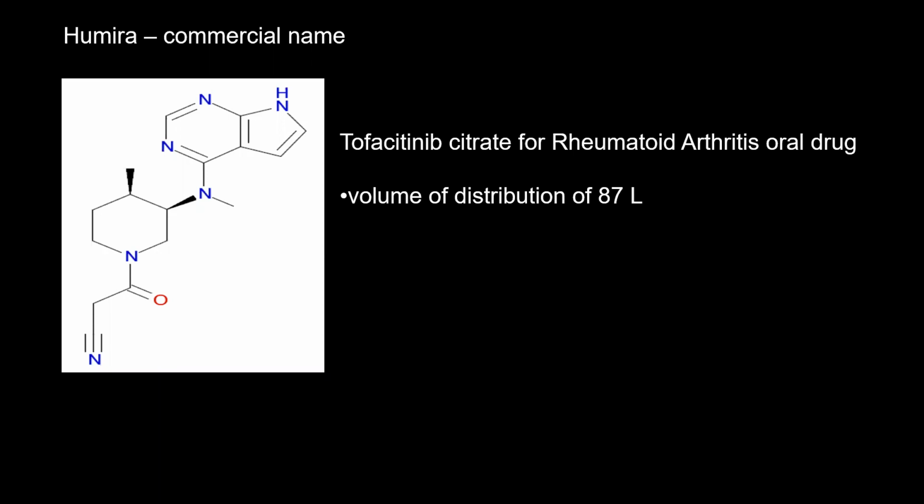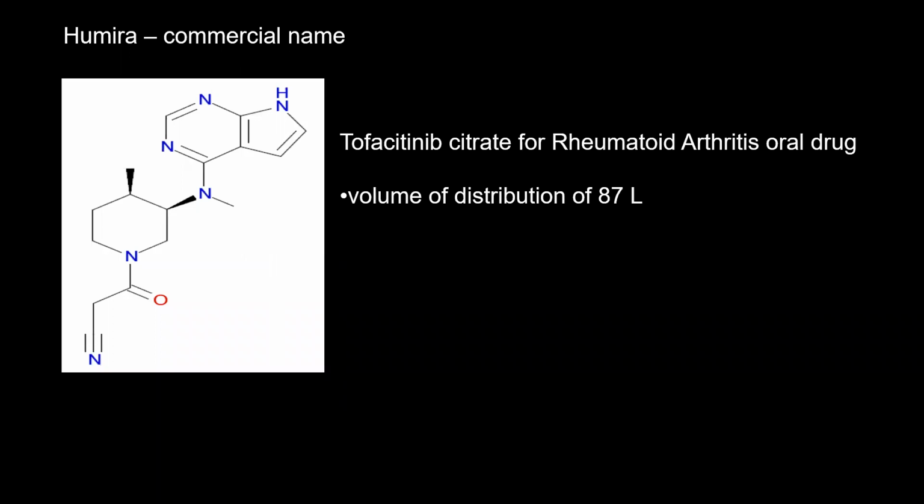So the volume of distribution can be different for the same person. If it is very hydrophilic, or a large molecule like a protein, it may remain only in the blood. Whereas if it's a small molecule or hydrophobic, it can distribute not only in the blood but also in the tissues and fats. So the volume of distribution changes quite a lot, from very small to very large values.